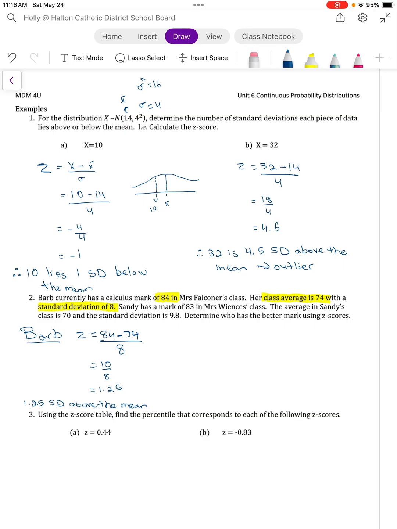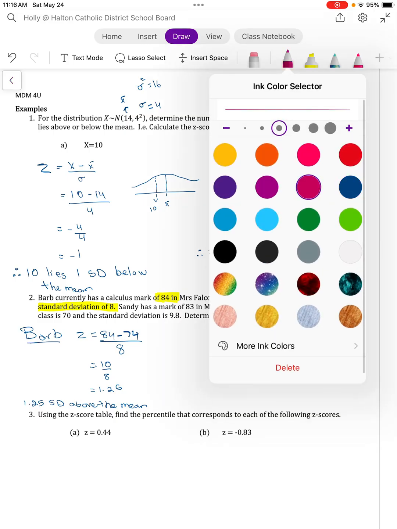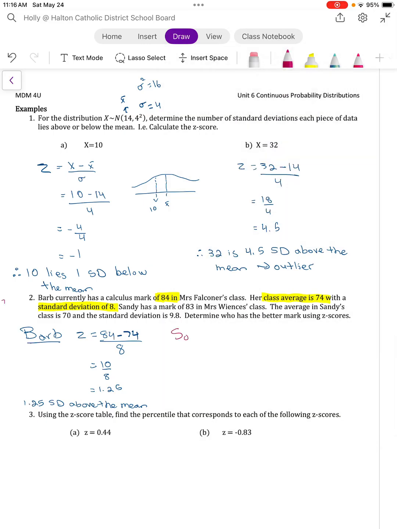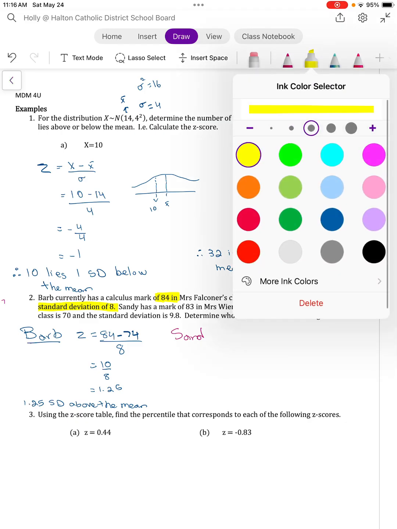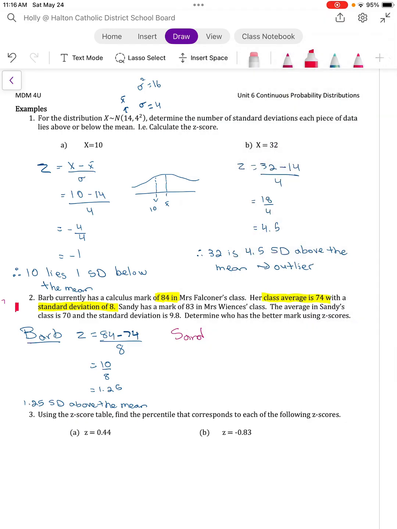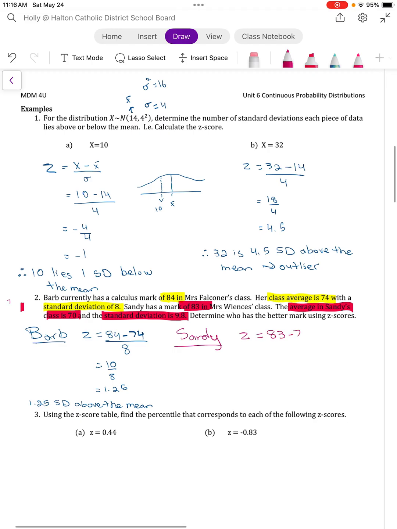Now let's look at Sandy. So Sandy has a mark of 83%. The average in Sandy's class is 70, standard deviation is 9.8. So Sandy's Z-score, her mark is 83, and we're comparing it to that class average, which is 70, so that's lower than Ms. Falconer's class.